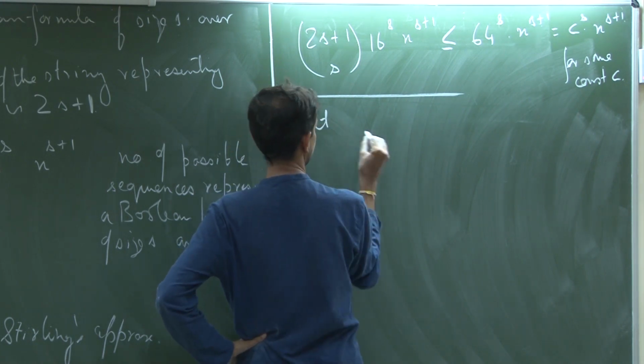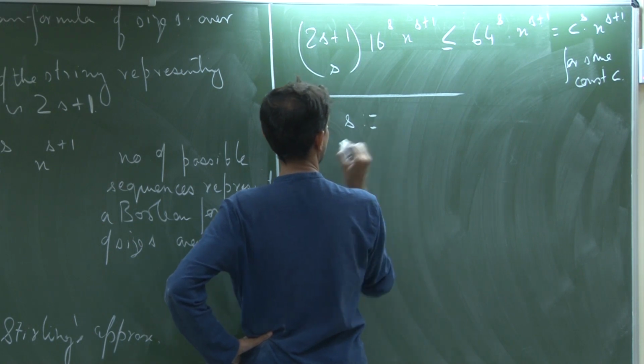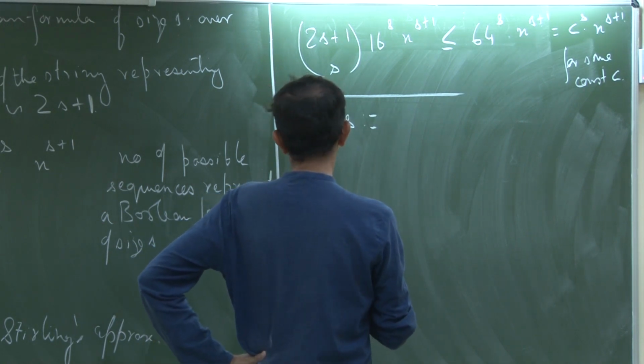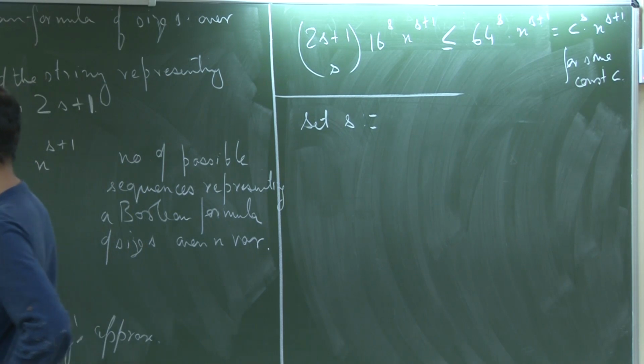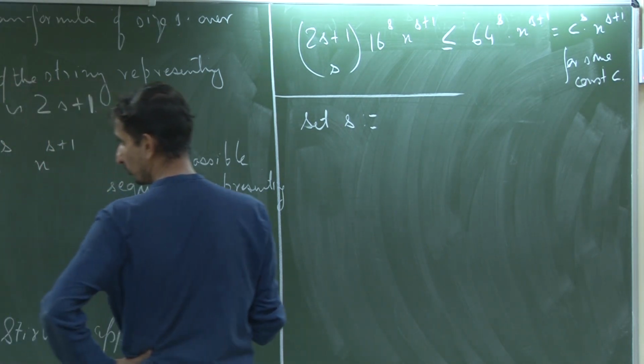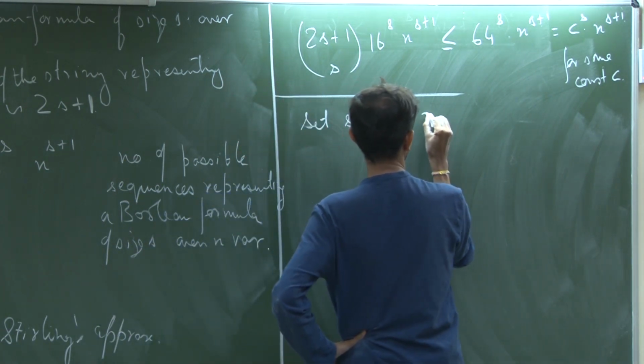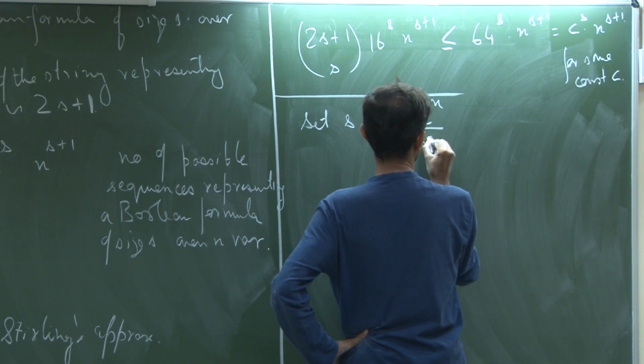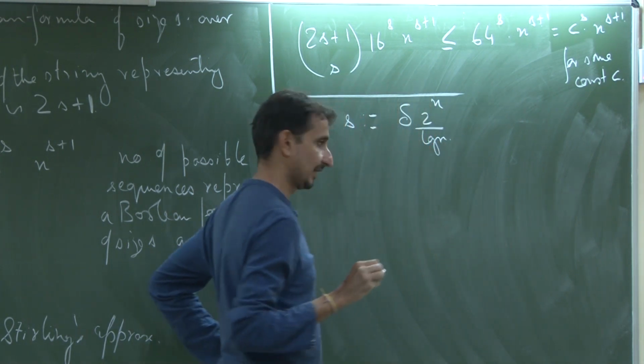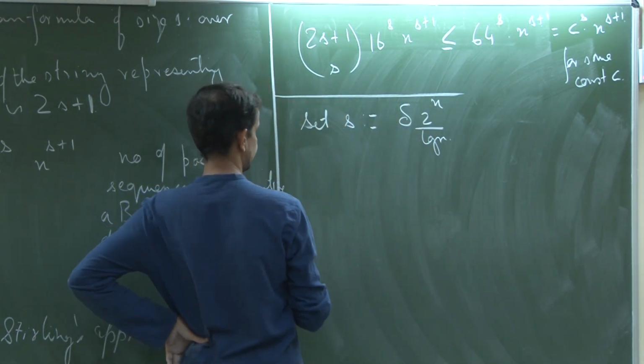So, we set s to be delta times 2 to the power n by log n. Now, let us try to see what that becomes.